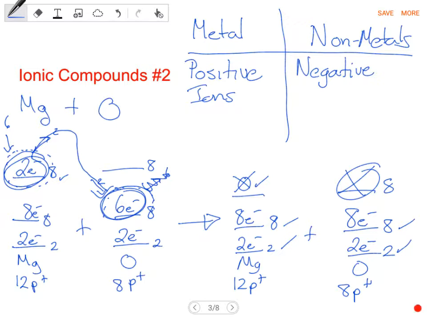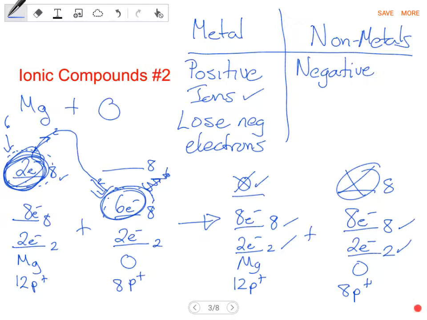Can you understand why? Look at magnesium. It lost 2 electrons. Well, electrons are negative, everybody. They have a negative charge. If you lose something that's negative, you should become more positive. So metals always are positive because they lose negative electrons.